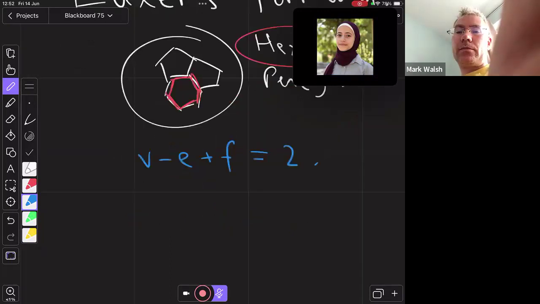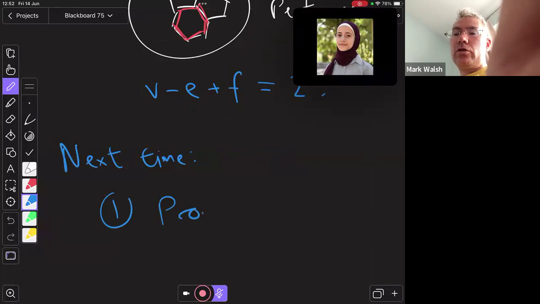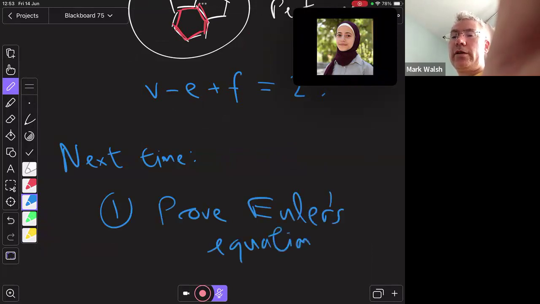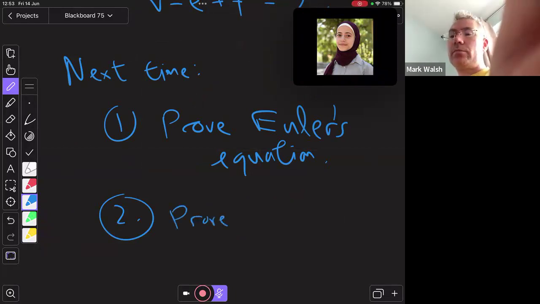So here's what I plan on doing next week. Next time, we're going to do 2 things. One, we're going to prove Euler's equation. And the second thing we're going to do is prove that there are exactly 5 Platonic solids. No more.